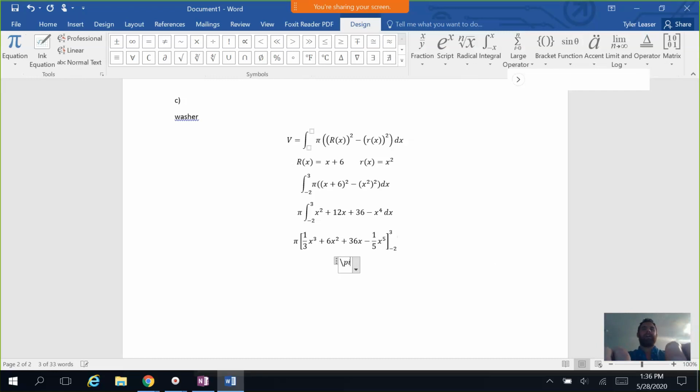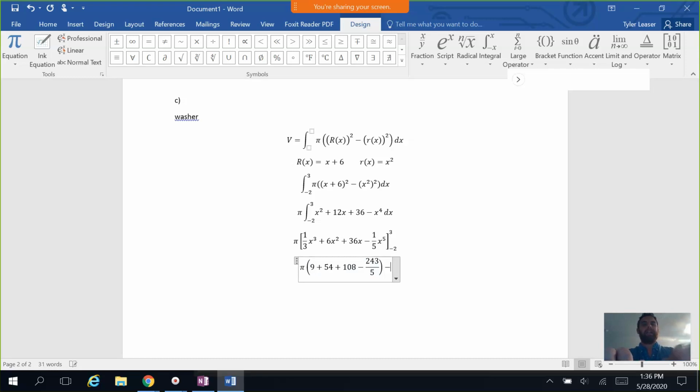So we still have the pi, and if we plug 3 into everything, we get 9 plus 54 plus 36 times 3, I think is 108. Yep. Minus 3 to the 5th, 243 over 5.